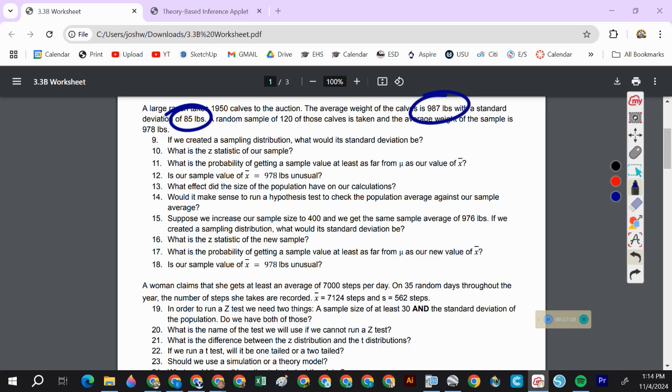Okay, so we're going to have to make this huge leap. We need to know what the population standard deviation is. However, if we know what the population standard deviation is, that means that we know what the population average is. And if we know what the population average is, there's no point in doing a sample. Does that make sense? So, in order to calculate a z-score, I need this number from the population.